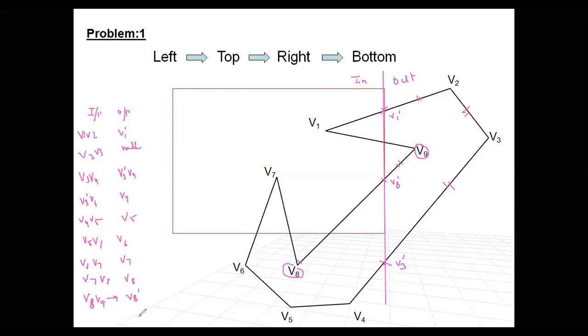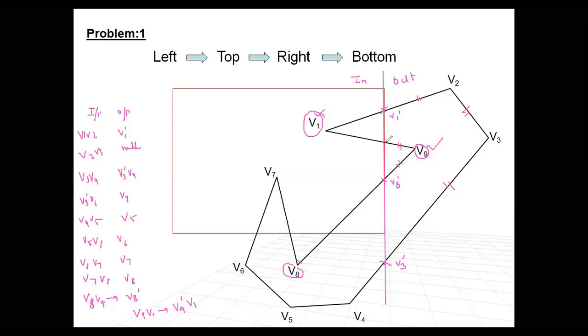Now we will move from V9 to V1. If this is outside and this is inside, outside to inside, the intersection point is saved, and the second vertex is this, so V1 is also saved, and this is clipped.